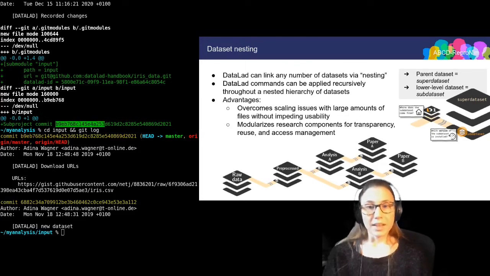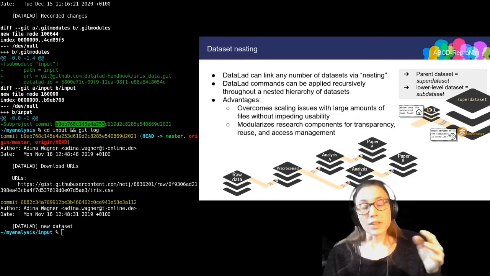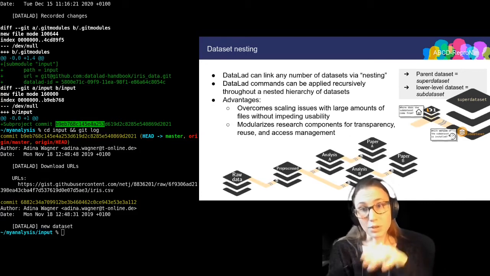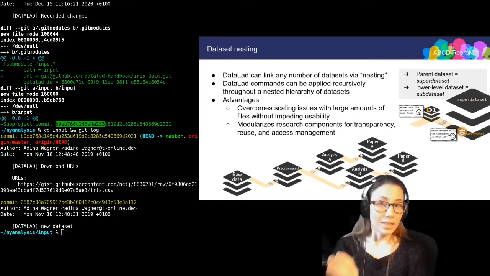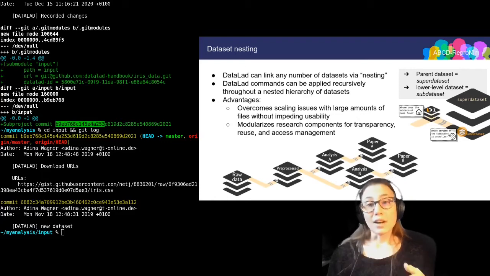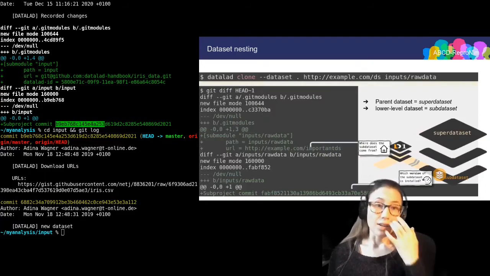So this links the subdataset in a precisely identified version state to the super dataset so that this data is registered in a precise version to the data analysis that I will be conducting. And that's great, because nesting now registers the origin and the location of a subdataset and also its version.